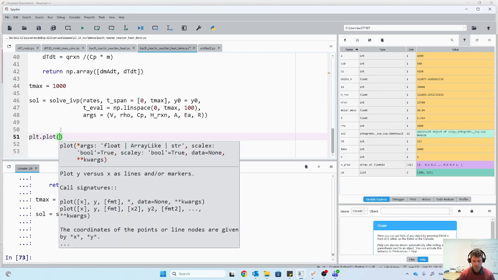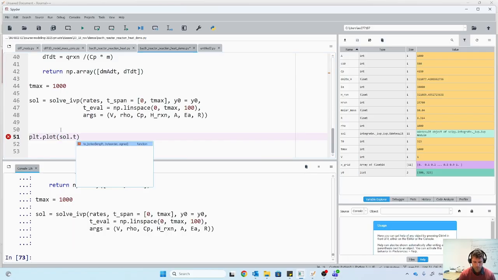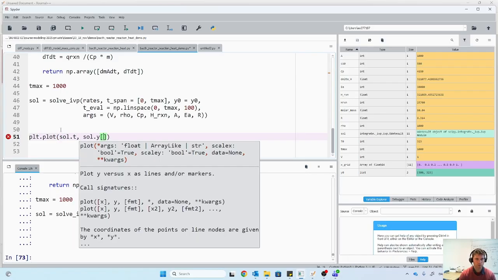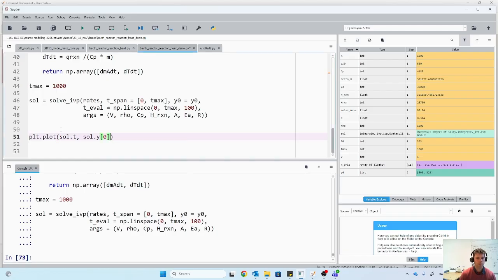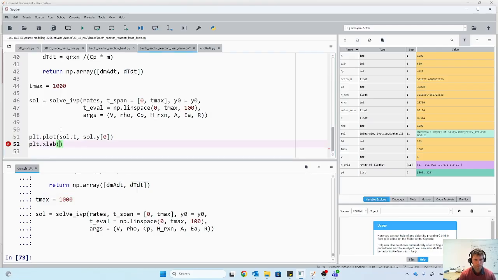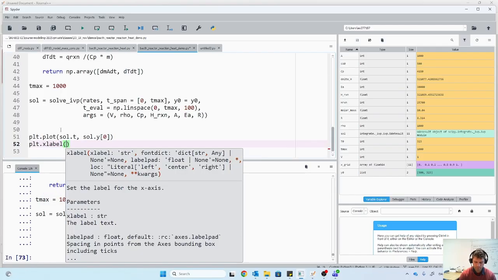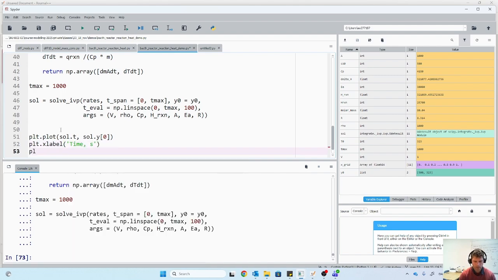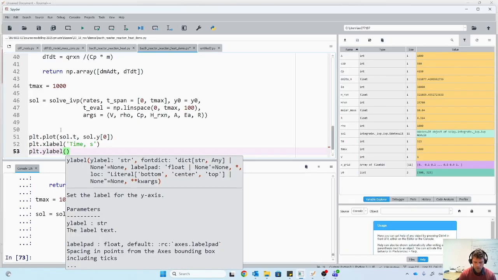We can make a plot, time versus the first state variable. And it will be in seconds, and that will be kilograms.